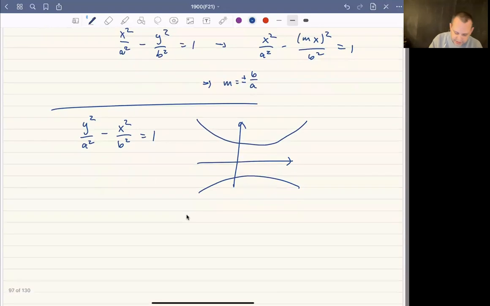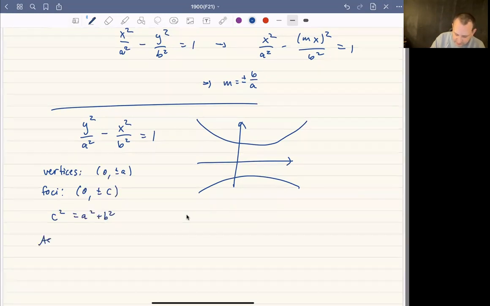And the vertices, we're just going to switch the role of x and y. The vertices are again going to be when y is equal to a or minus a and x is 0. So you get 0 plus or minus a. The focal points are again going to be on the same axis as the vertices. So we're going to get 0 plus or minus c, again where c squared is a squared plus b squared.